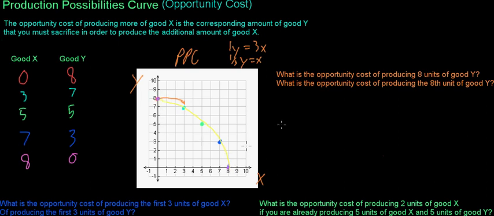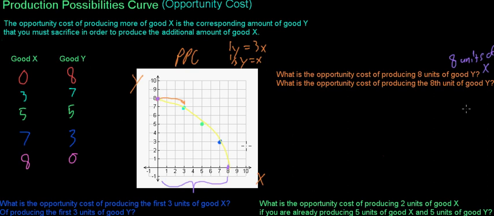And the answer is that you have to sacrifice all 8 units of good X. This is what you give up. So to produce 8 units of good Y, your opportunity cost is 8 units of good X.